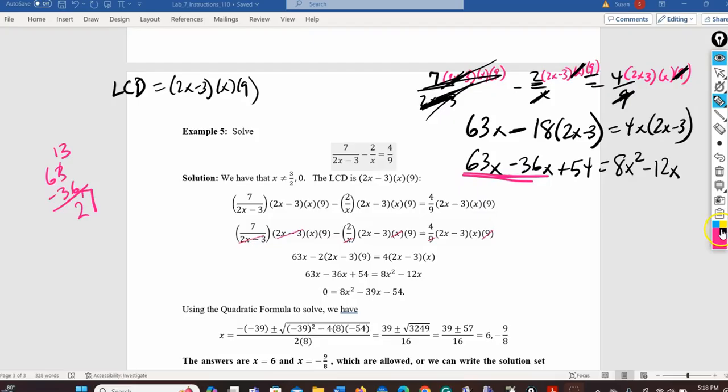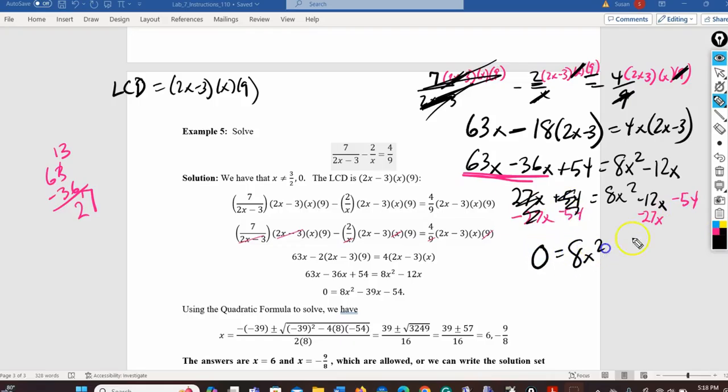All right, so that would give me 27x is equal to 8x squared minus 12x. So now I need to send these over to the other side. And minus 54. So those will cancel, and I'll have 0.